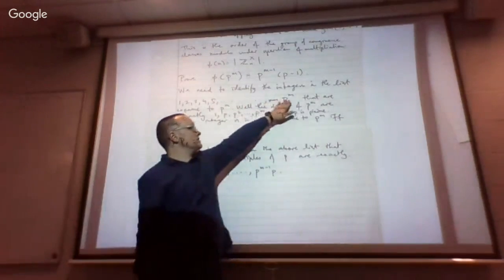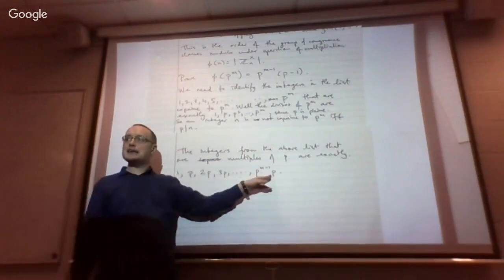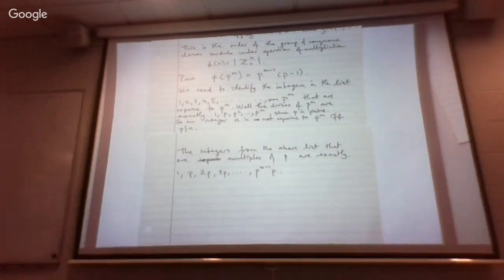There's the original list of integers, everything from 1 to p to the m. These are all the multiples of p that are in that list. Those are all the ones that are not co-prime to p.